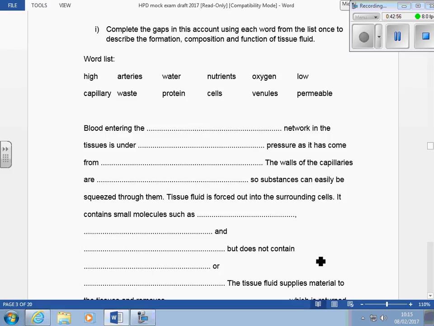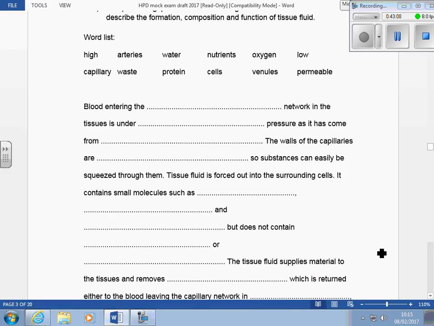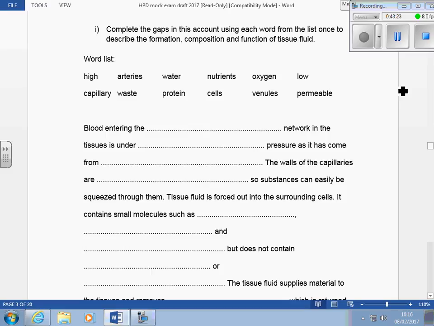Now, this question about the formation, composition and function of tissue fluid. I've actually given you a word list here, which is a bit kind, although it doesn't always work for everybody. It says to use each word from the list once.